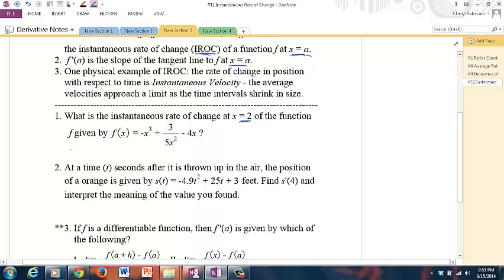So f of x, and I do need to rewrite some parts of this, is equal to negative x cubed plus, now 3 over 5x squared, that's really 3/5 x to the negative 2, and then minus 4x.